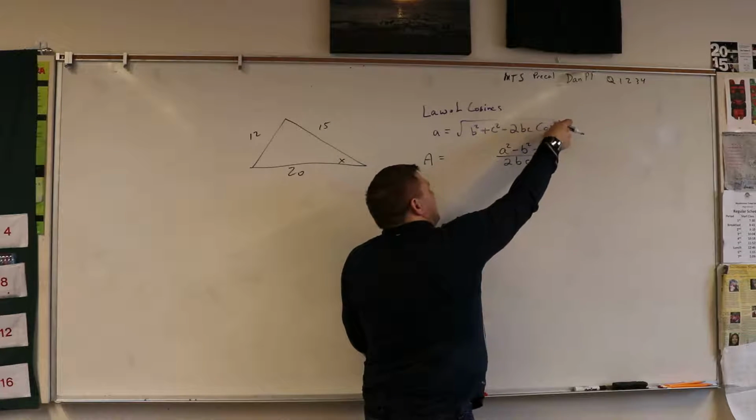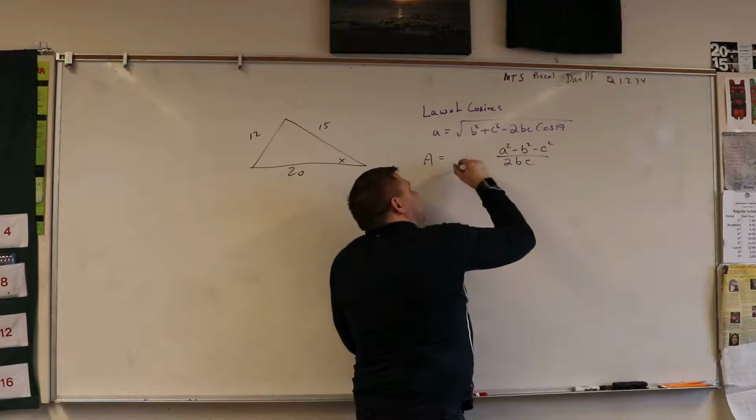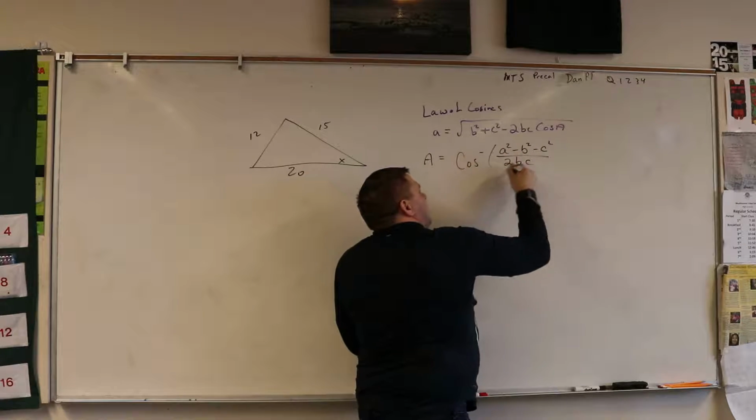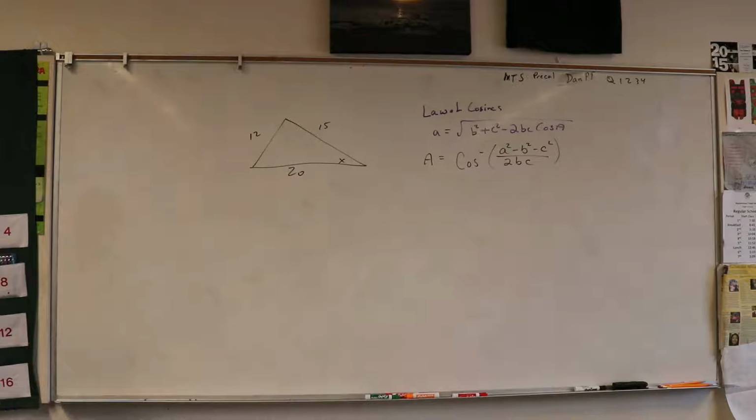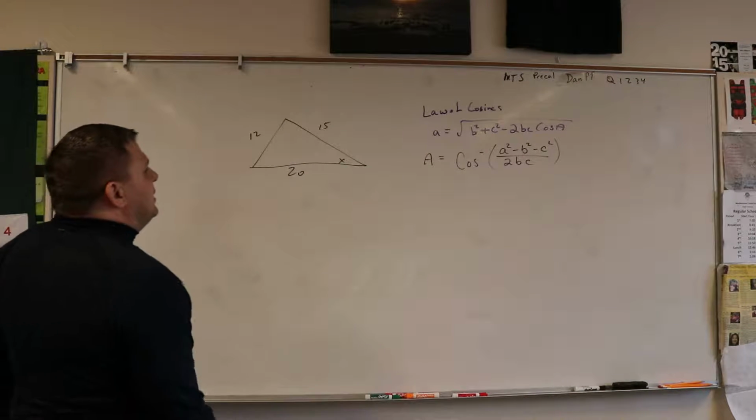And that would leave it as the cosine A, but then I'm going to take the inverse cosine of all of that to give me A. And that's how you will find the angle.